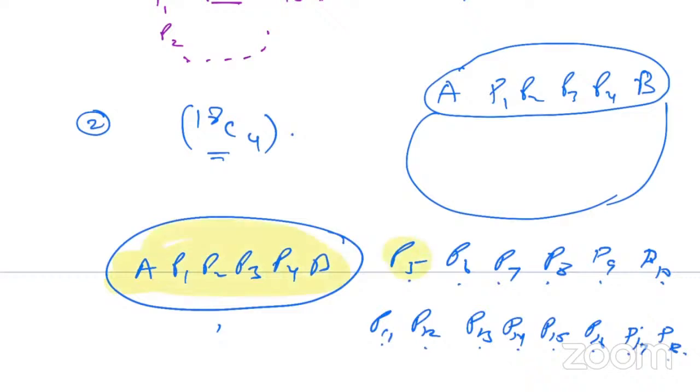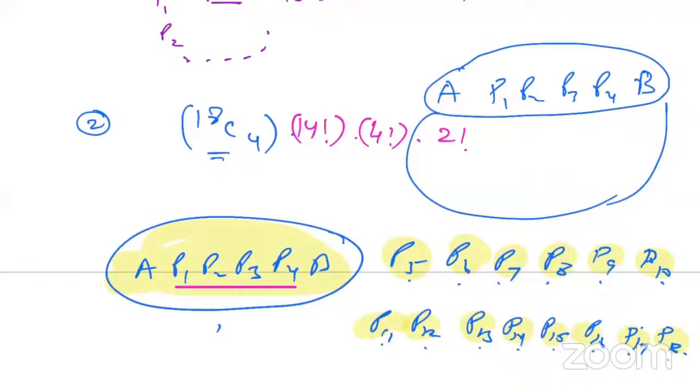And these 15 groups, they have to sit in factorial 14 ways. But these 4 persons can interchange themselves by factorial 4 ways, and A and B can also interchange themselves by factorial 2 ways. So total will be 18C4. First, I'm selecting 4 people out of 18. Now they all are sitting.